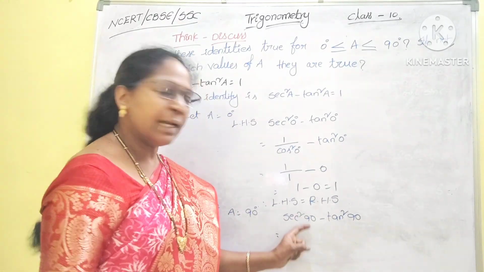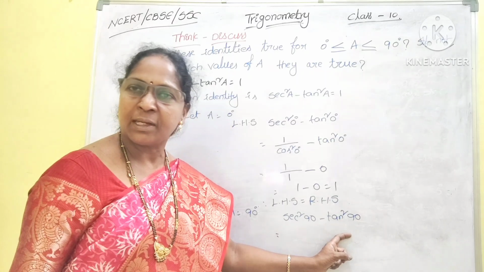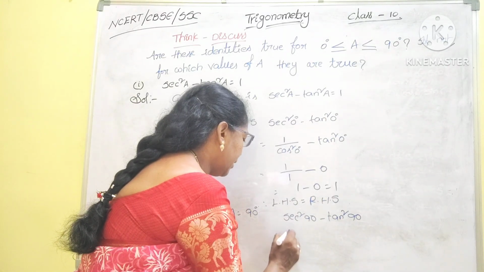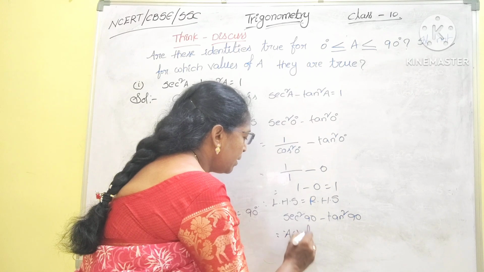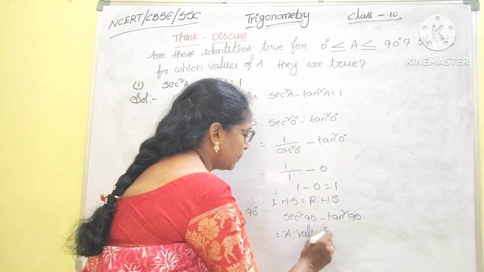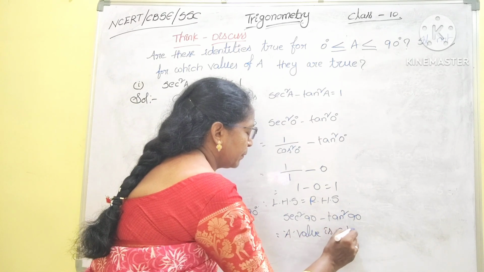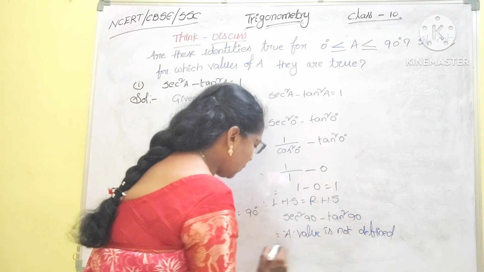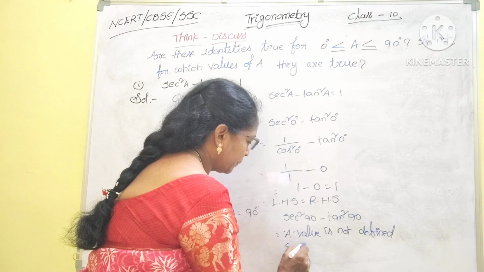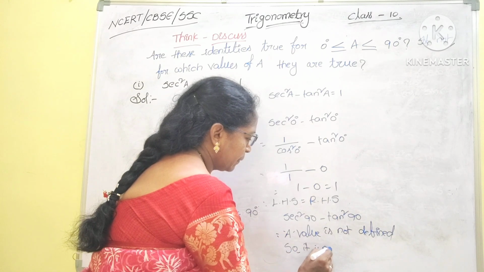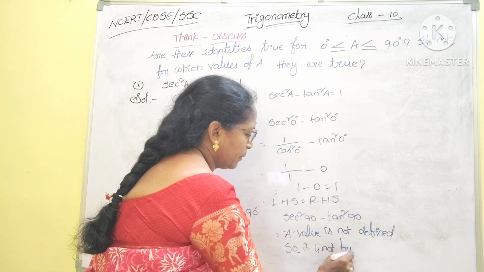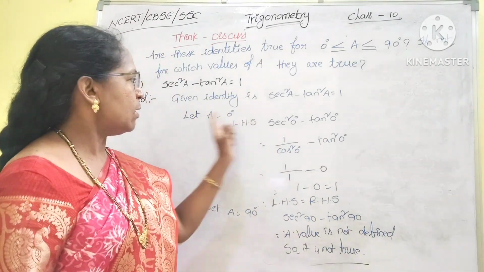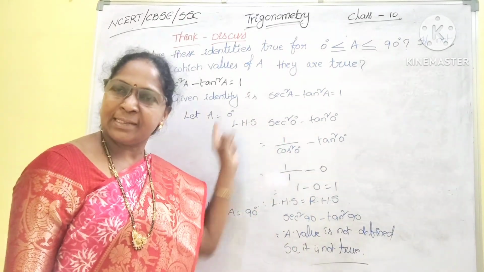And here at 90 degrees, these two values are not defined. So it is not true. Which is the right answer? A value equal to 0 degrees. Yes, it is correct.